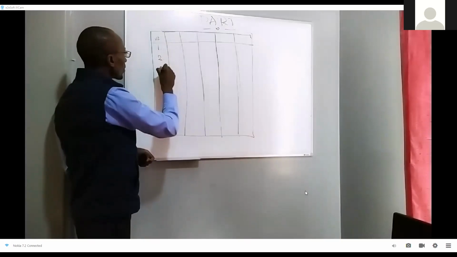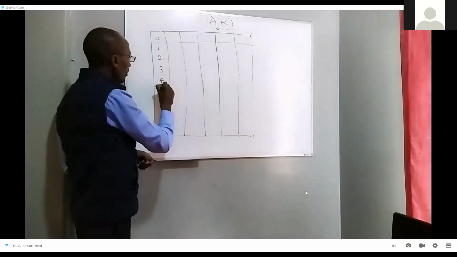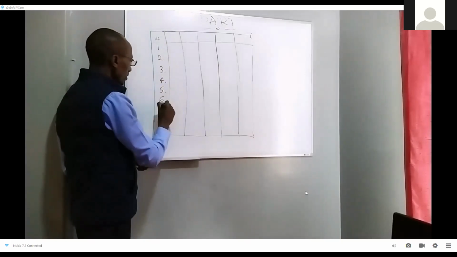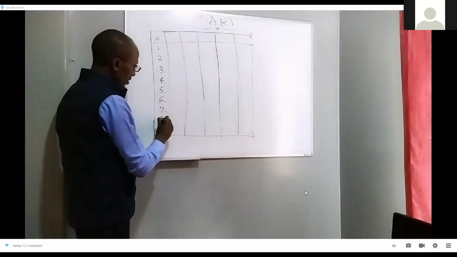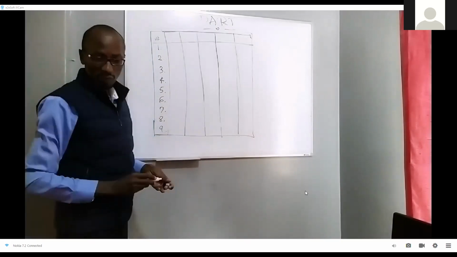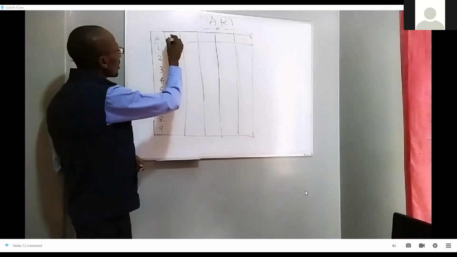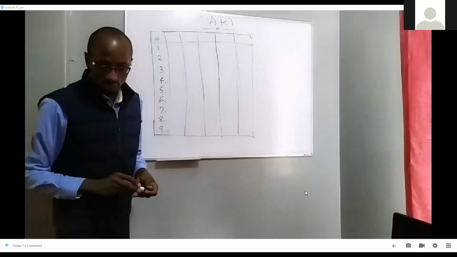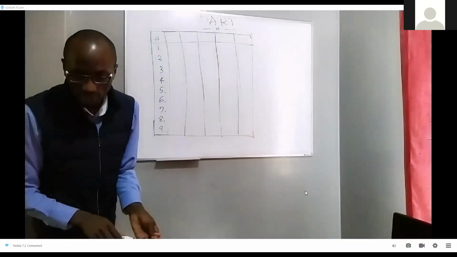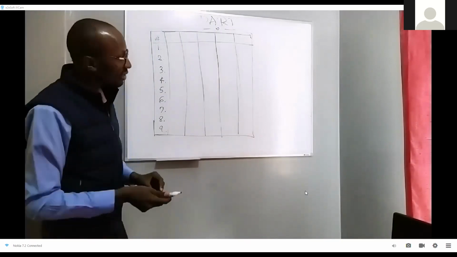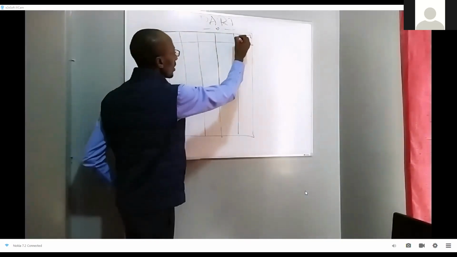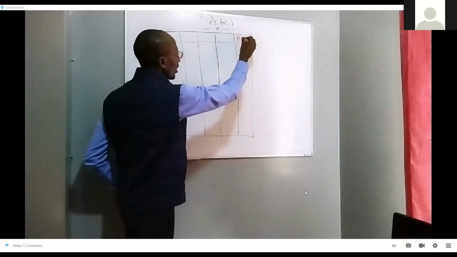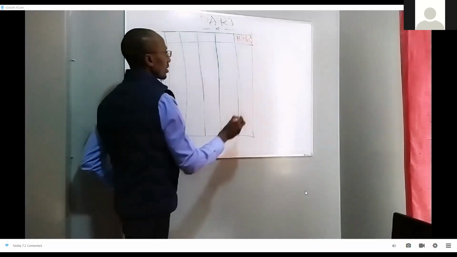1, 2, 3, 4, 5, 6, 7, 8, 9. For example, now we have 8 of us. So what we are going to do, our model is to explain hit or miss, predict hit or miss.